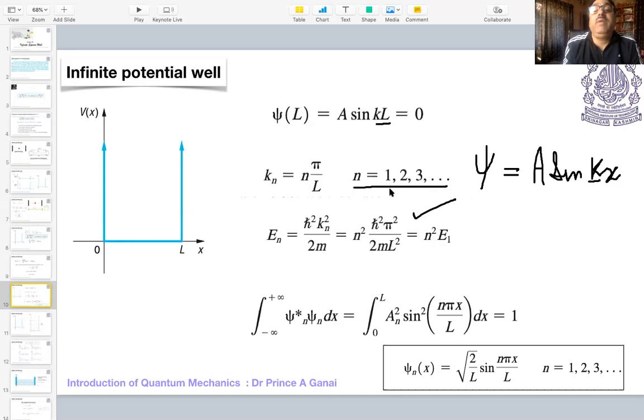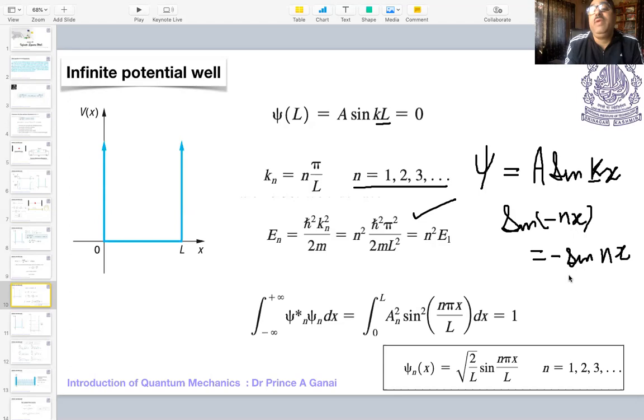Then you can also ask why n is not -1, -2, -3, because sine of minus n pi is again 0. The reason is that if you take the sine of minus n times some factor x, it will be minus sine of nx.